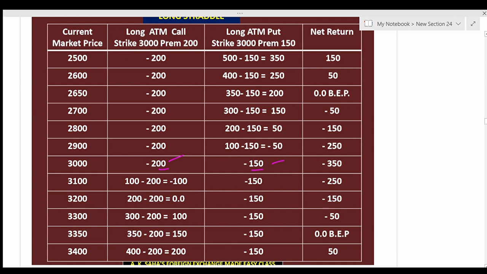When it crosses upward or downward, the loss will decrease and it will go to the profit section. That is, profit may extend to infinity.